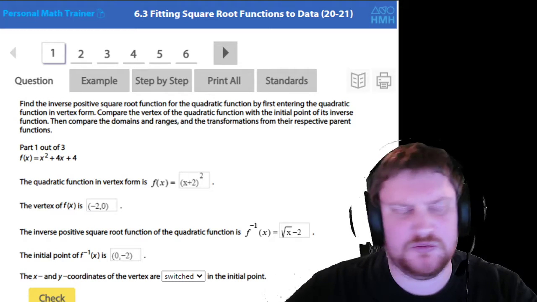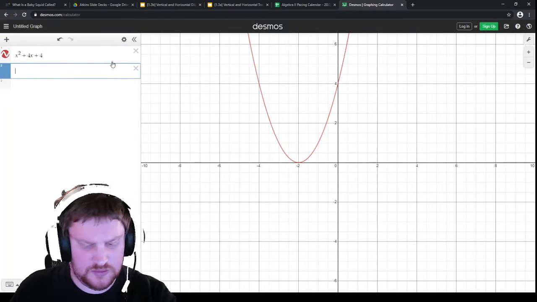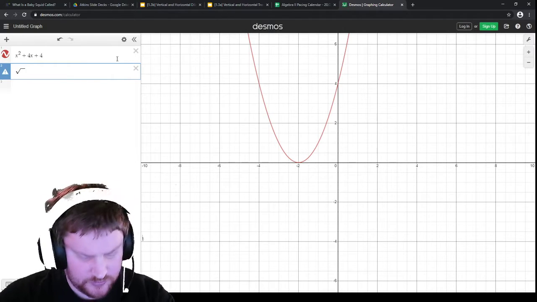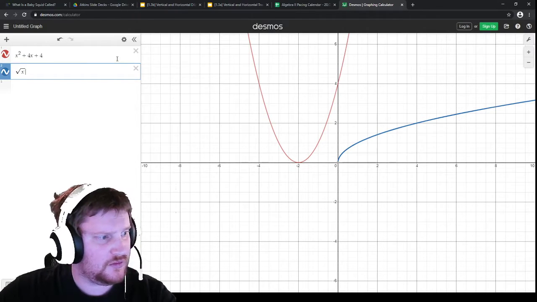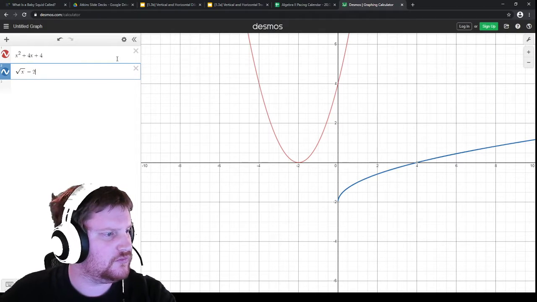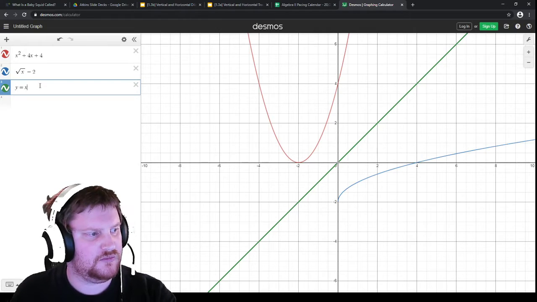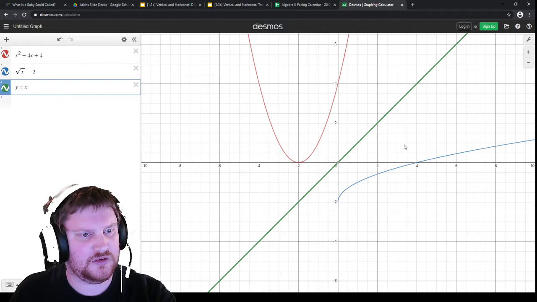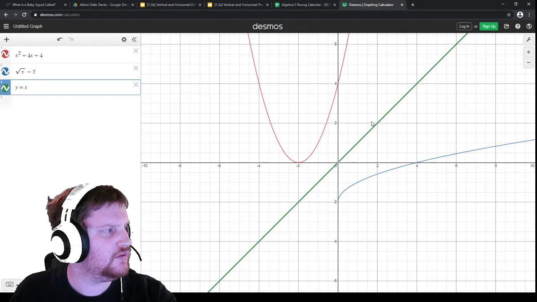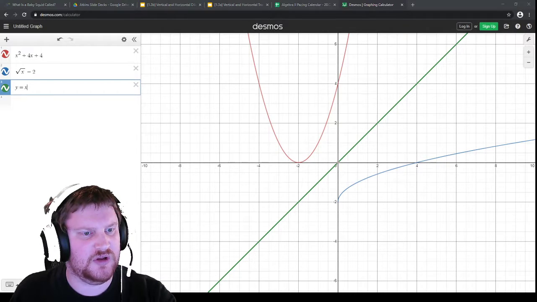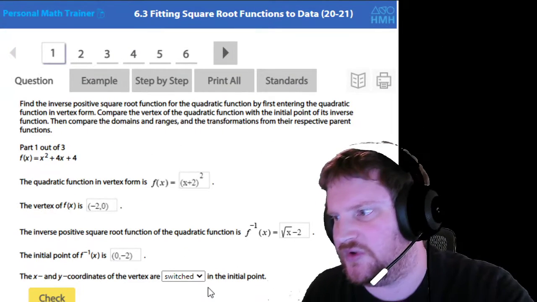Let's go back to Desmos real quick. Square root x minus 2. Y equals x. That is clearly the correct graph. I don't understand what issue they have here on the HRW assignment.